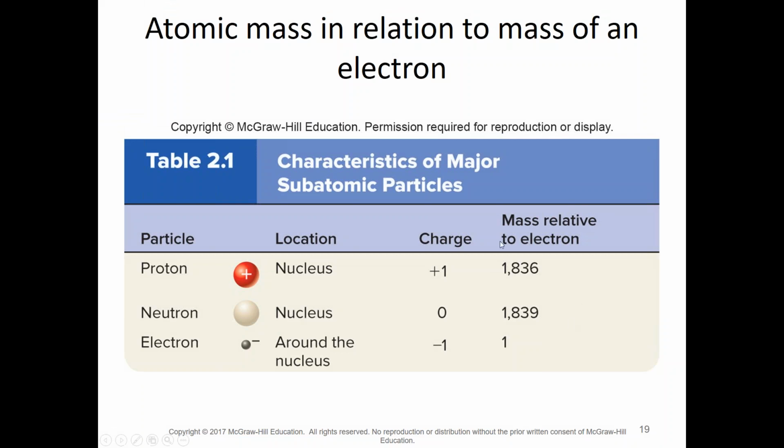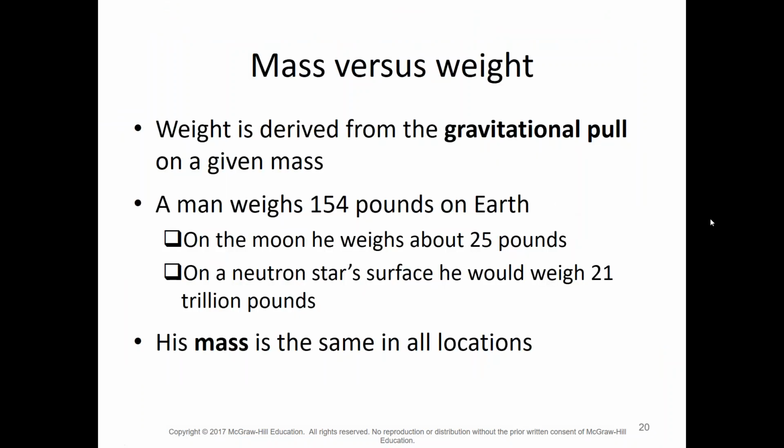Let's move forward to slide 20 now. While we're talking about mass, we should make sure that everyone understands there's a difference between mass and weight. Mass, folks, is just the amount of matter in a substance or in an object. It doesn't change from place to place.